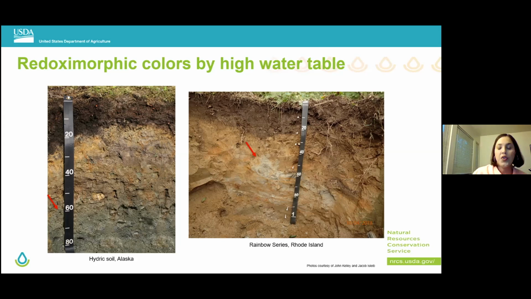That is telling you something about the water dynamics happening there. In the photo on the left, you can see gray patches under 20 centimeters, but under 60, the whole thing is gray. So it means that area is covered in water for a very long time. So we do have a lot of colors under topsoil.